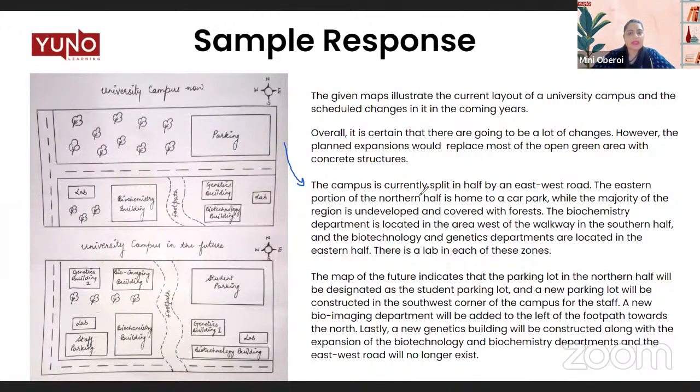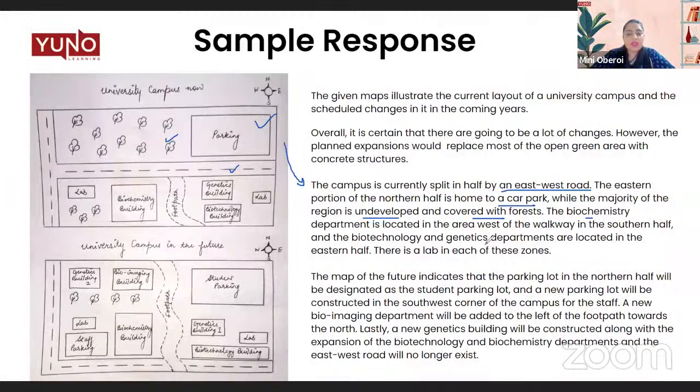So the third paragraph is related to this map. The campus is currently split in half by an east-west road, right? The eastern portion of the northern half is home to a car park, while the majority of the region is undeveloped and covered with forests.